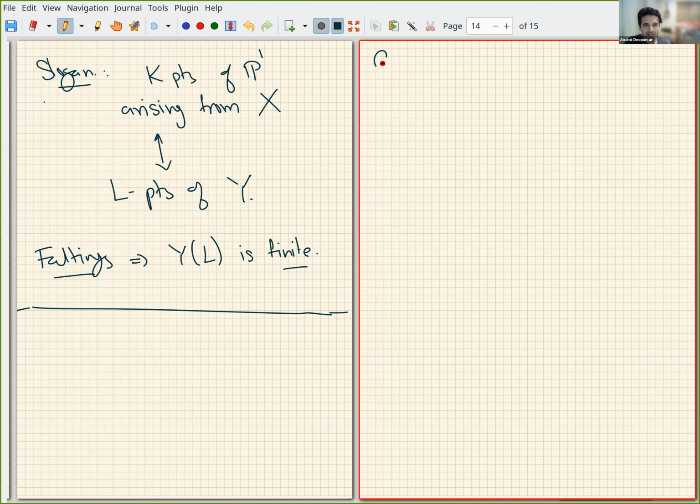So going back to this broader point, there was this conjecture of Lang, in the spirit of Lang-Bombieri, that says that a variety of general type implies there are few rational points.